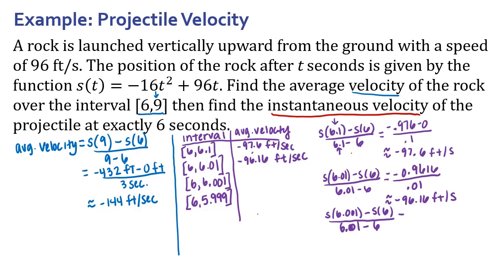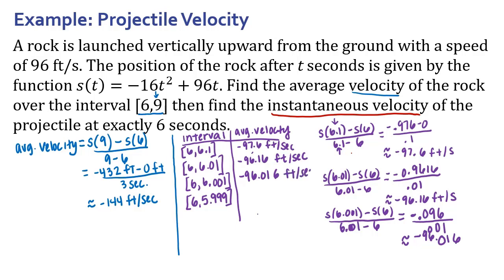All right, so when I do that, I'm going to get negative 0.096 all over 0.001, which is about negative 96.016 feet per second.